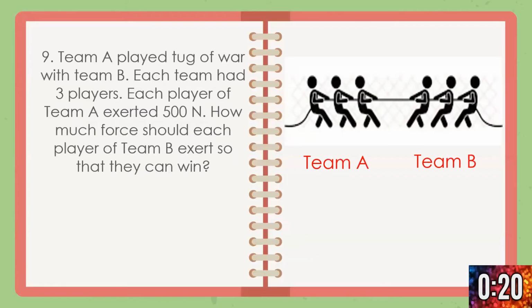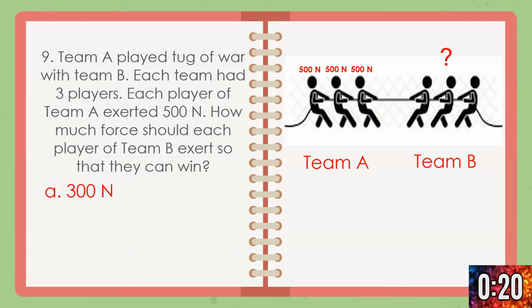Number 9. Team A played tug of war with Team B. Each team had 3 players. Each player of Team A exerted 500 Newton force each. How much force should each player of Team B exert so that they can win?